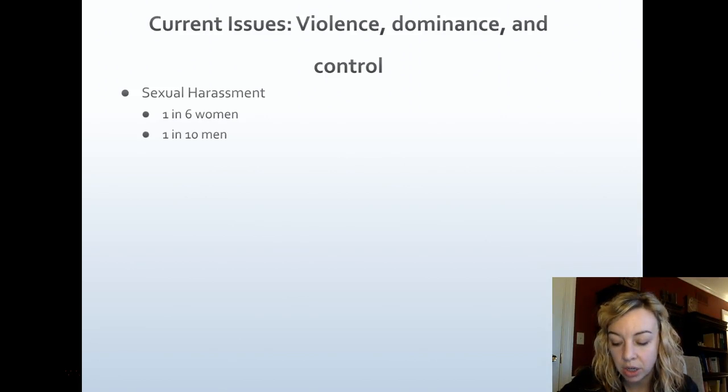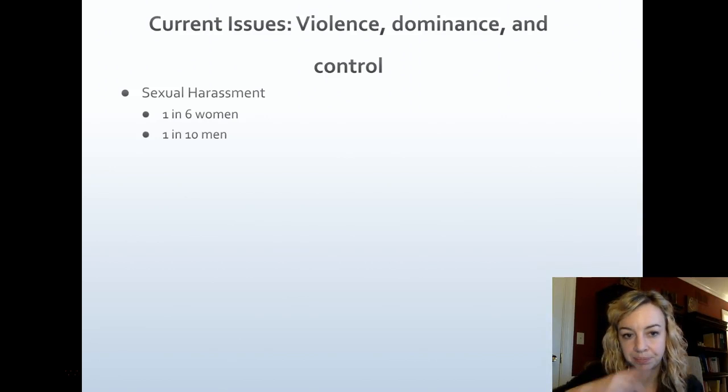Any kind of pressure for any kind of romantic anything could be considered sexual harassment. There's also just kind of gender harassment, which could include mocking based on someone's gender, or offensive remarks or threats based on a person's sexuality or gender.